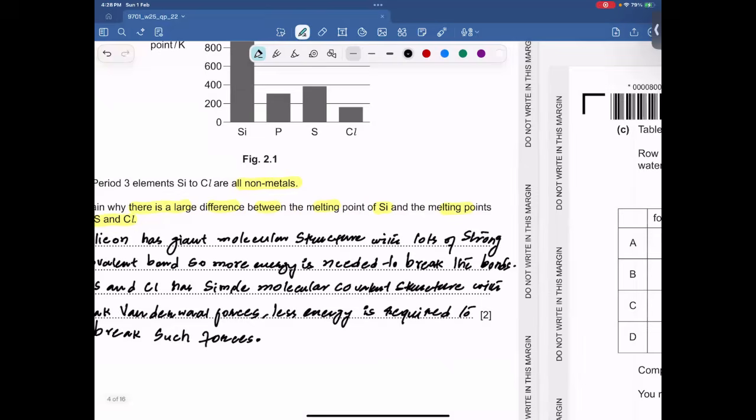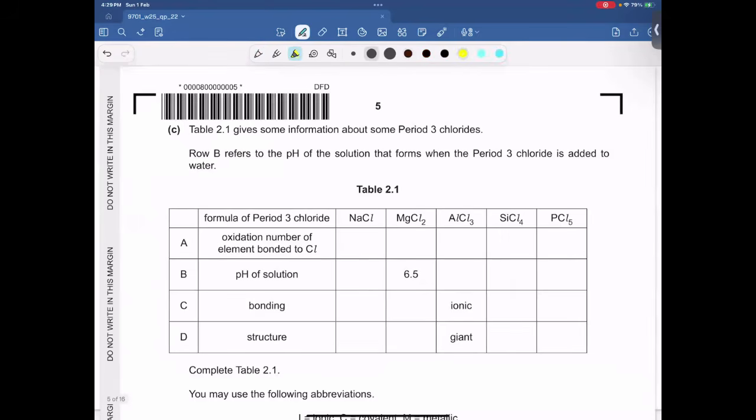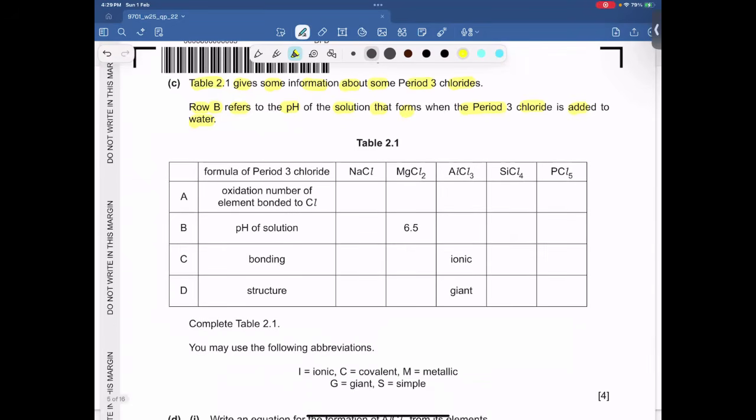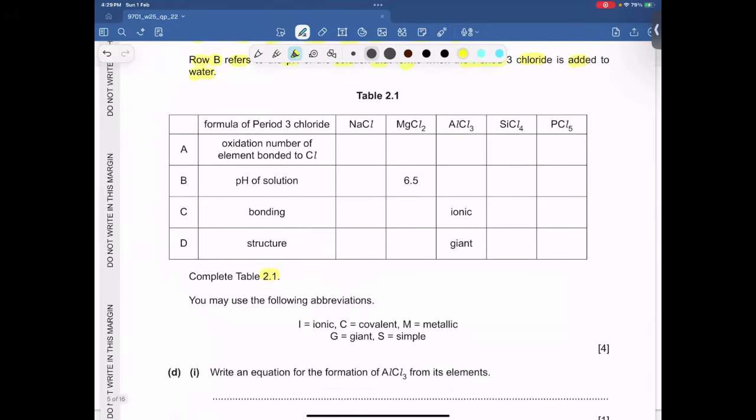Let's move on to the next part of the question. Table 2.1 gives some information about some period 3 chlorides. pH refers to the pH of the solution that forms when the period 3 chloride is added to water. Complete table 2.1. You may use the following options: ionic, covalent, metallic, giant, simple.